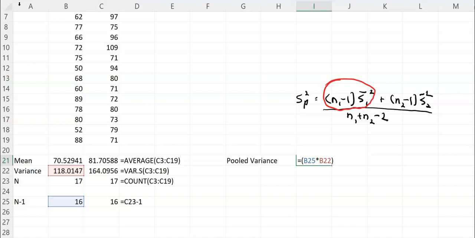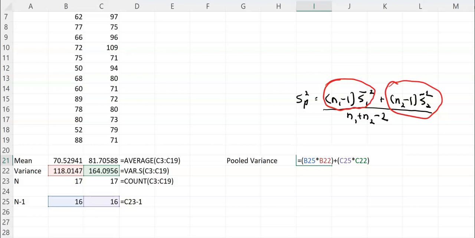Then the second part is going to be this side, which is plus, again, 16 from the other sample times the variance of the second one. So we have those two. Actually, I should have put a parenthesis around it, so let me put a parenthesis around those two numbers just so that we know where they are coming from.